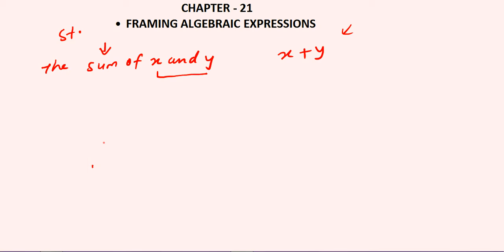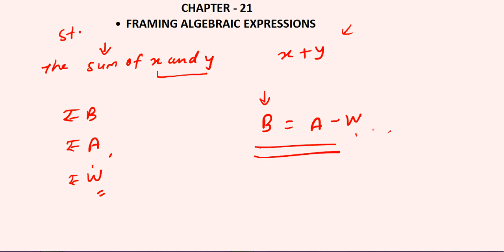Then the balance, rupees B, in my account, if I started with rupees A and withdrew rupees W. Now simply, the balance which I have in my account, then A which I started with, and W which I have withdrawn. So this is the required equation.